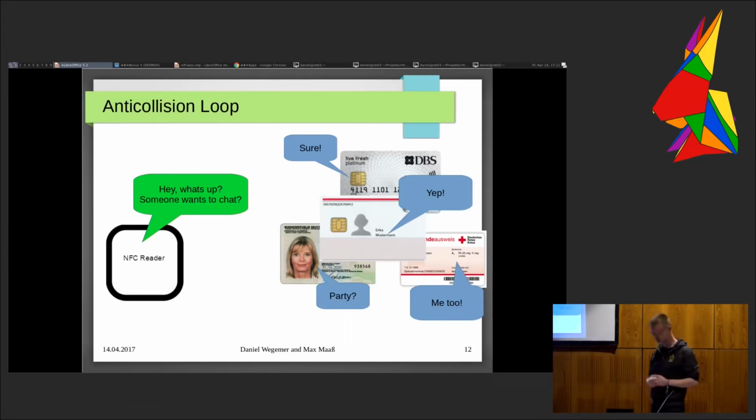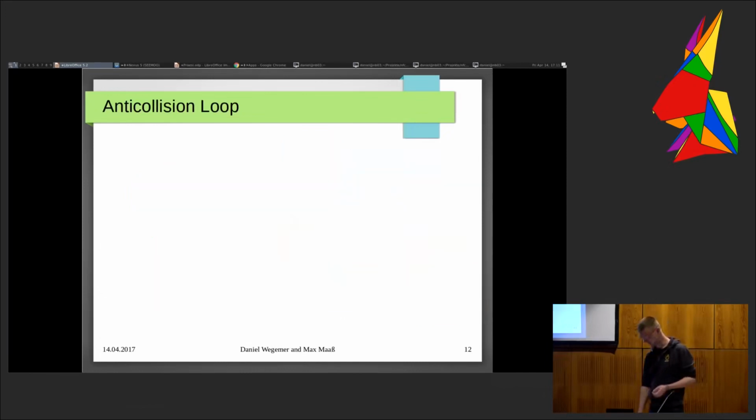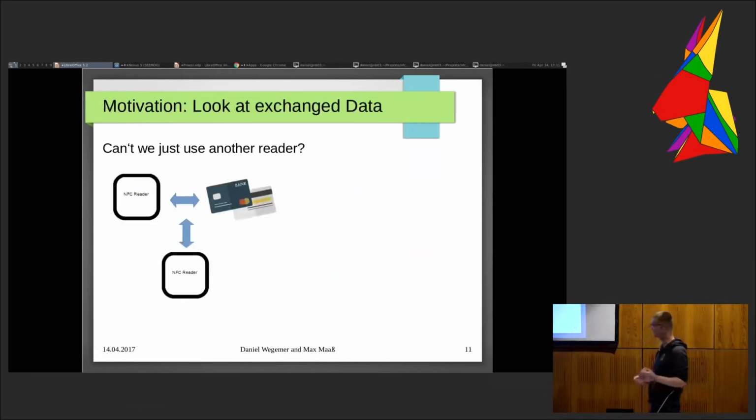The anti-collision loop wants to establish one connection at a time and ditch everything else. So for our setup, if the first connection between this reader and this card would be established, and we put a second reader in there, the first connection would simply be dropped, and we can't read anything.